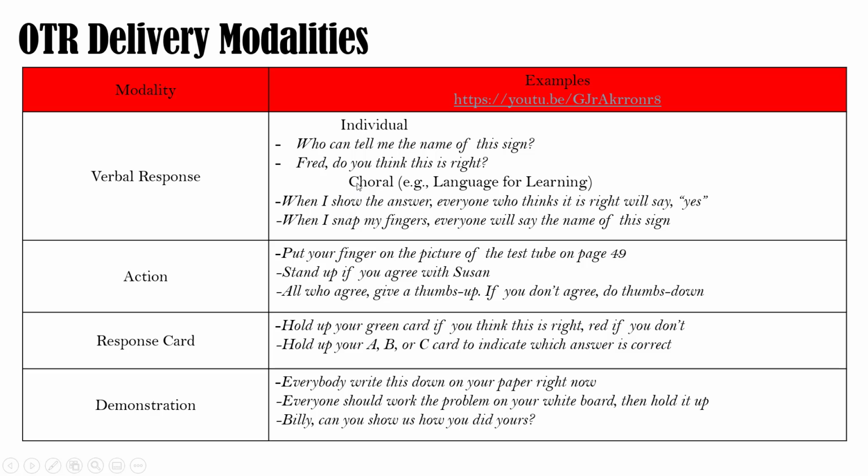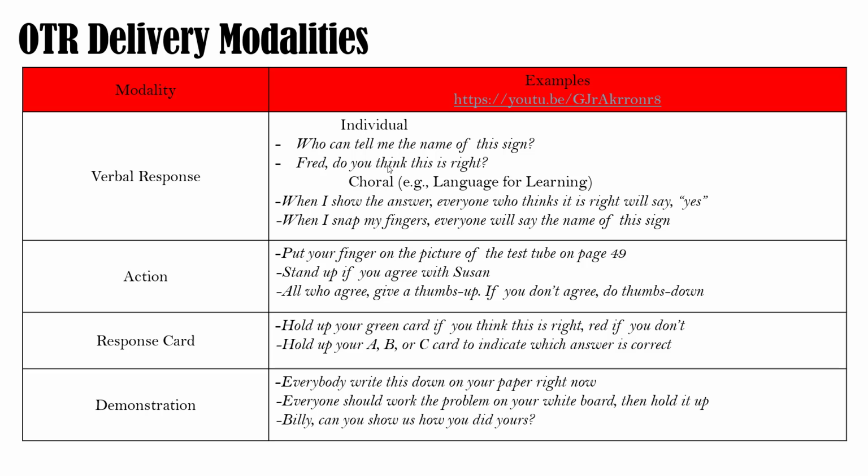You can do crowd responding, where the whole class has to respond. And there are a couple of crowd responding programs out there if you guys are interested in this. One example is Language for Learning. So basically, instead of an individual responding to your example, the whole class is responding. Typically when you do crowd responding, you want to have some type of signal.